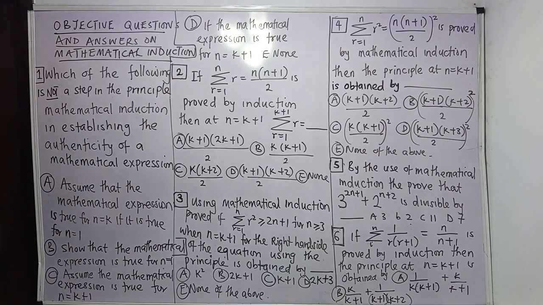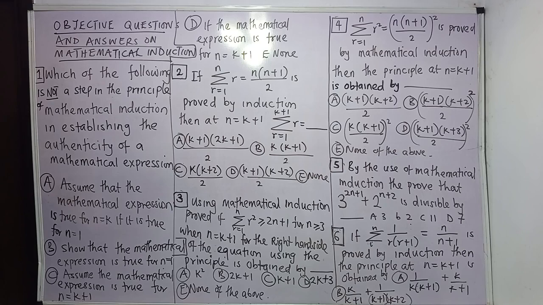Now, which of the following is not a step in the principle of mathematical induction in establishing the authenticity of a mathematical expression? Option A says assume that the mathematical expression is true for n equals k. You can assume that.